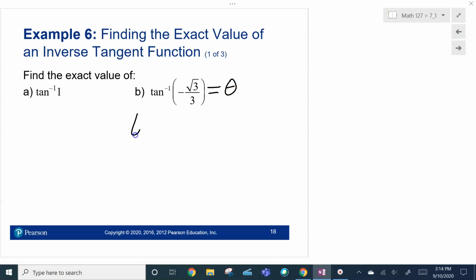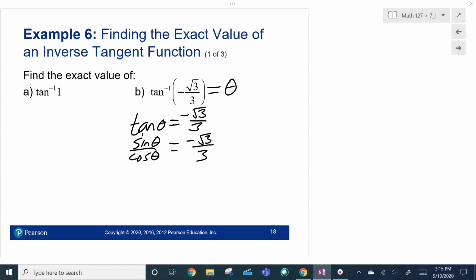We say, alright, the arctangent of negative root 3 over 3 equals theta. That means that the tangent of theta is negative root 3 over 3. Alright, so now I'm thinking to myself, okay, that means sine of some angle over cosine of some angle, when I get that, is got to simplify to be negative root 3 over 3.